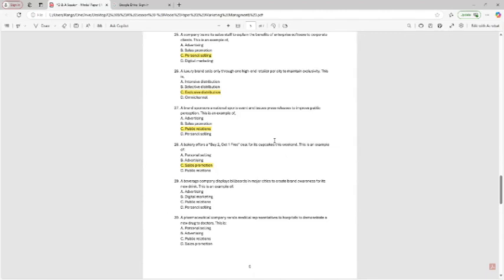Number 29. A beverage company displays billboards in major cities to create brand awareness for its new drink. Beverage company එකක්, අපි හිතමු Coca-Cola company එක නැත්නම් Sprite company එක. Billboard කියන එක ඔයාලට මතක ඇති. මම marketing mix එකේ advertising ගැන කතා කරා. පාරේ යනකොට ඔයාලා දැකලා ඇති කණු වල ගහලා තියෙන ලොකු boards. පිටරටවල නම් හරිම ලස්සන creative billboards තියෙනවා. ලංකාවේ නම් එහෙම නෑ.